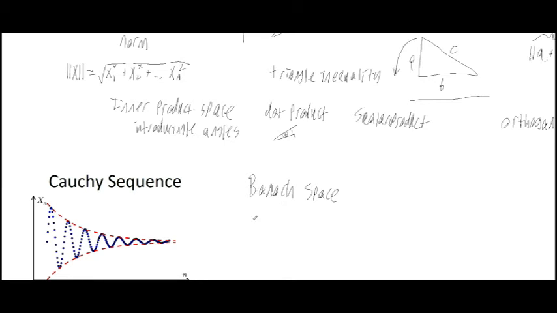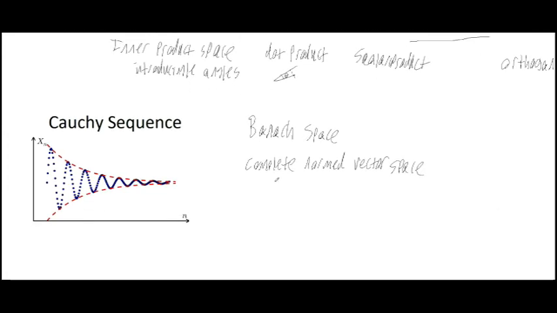It's a complete normed vector, or linear, space. I'll get to that in just a minute. Complete just means essentially that all the Cauchy sequences converge onto another element of the space.